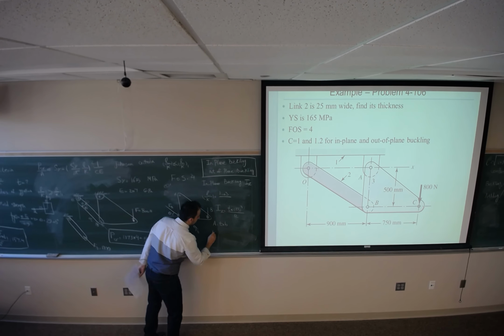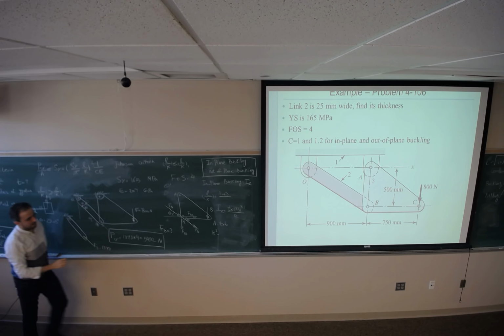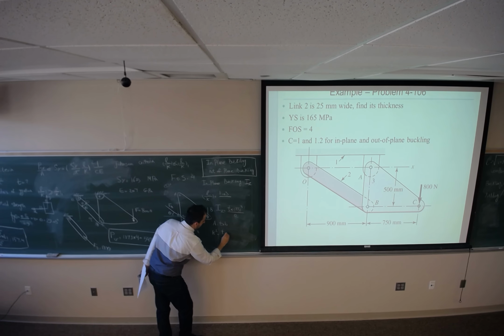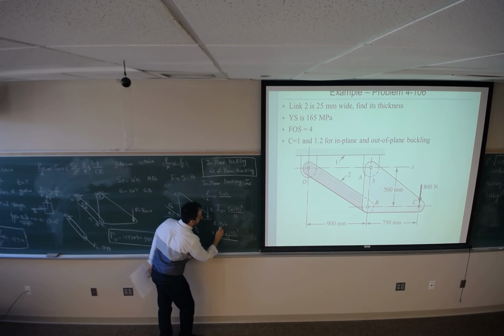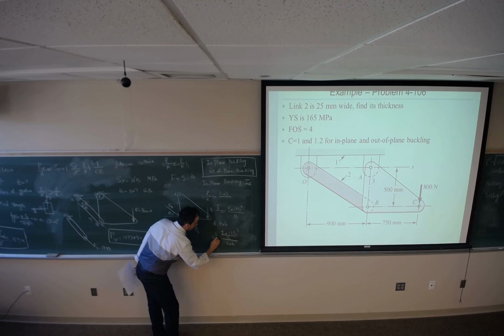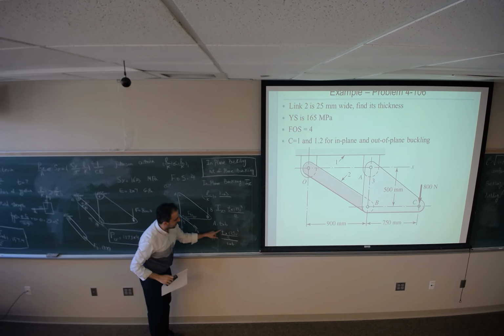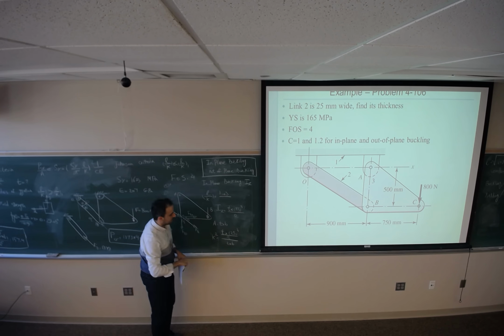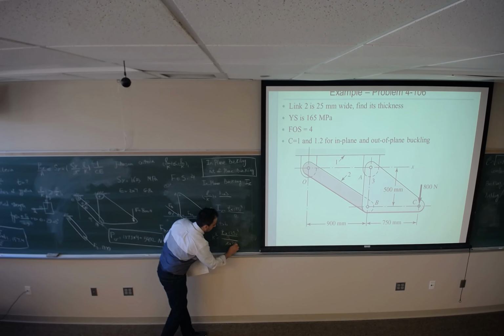So K squared would be I divided by A. I divided by area, sorry. I has one term of T, area has one term of T, so I can cancel them out. One of these 25 can be cancelled out with this 25.